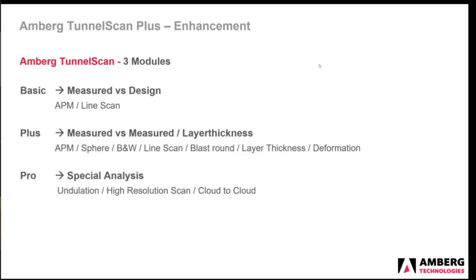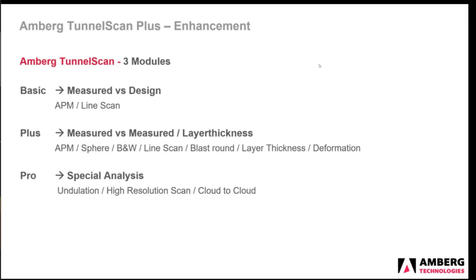Then we have the Pro. These are special analyses, 3 additional analyses which have become more and more interesting for many of our customers. Undulation, to check the evenness of the surface, bringing in, for example, waterproofing lining. You want to make sure it's not too uneven a surface for the membrane.